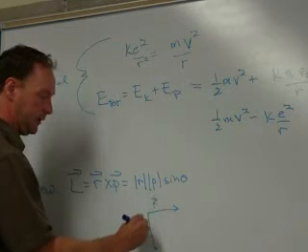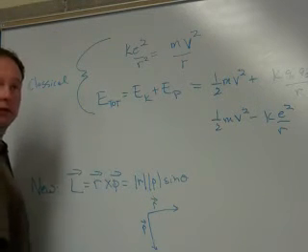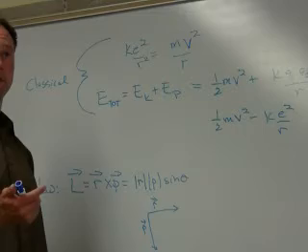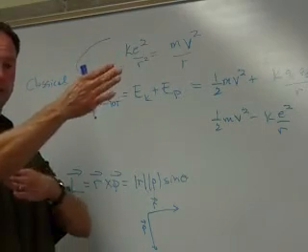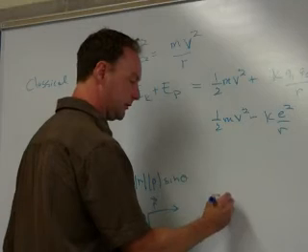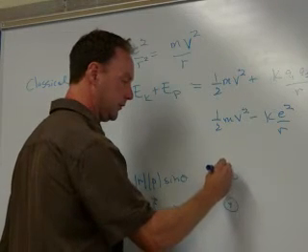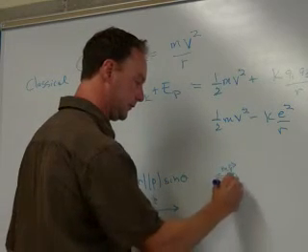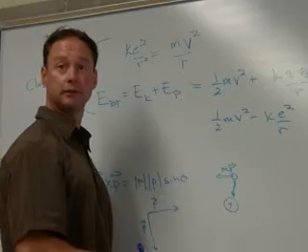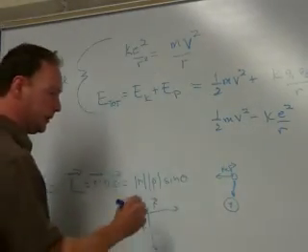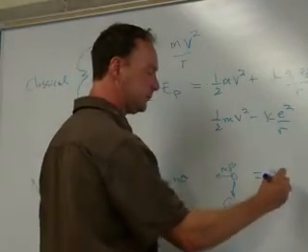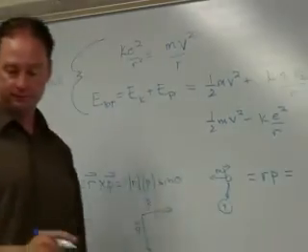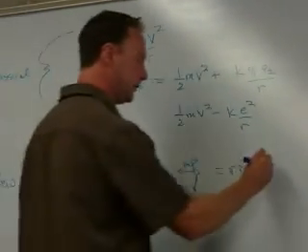If it's uniform circular motion, the sine is just one, because they're always perpendicular. So this just equals r p. And what Bohr said is this is quantized, so that this equals n times h bar.